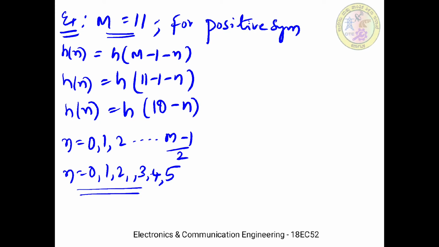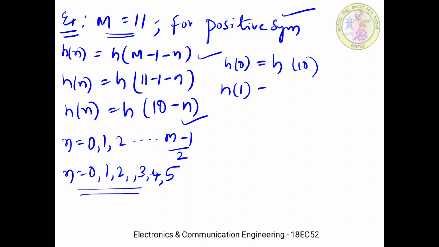Now when do we say that our impulse response h of n satisfies a positive symmetry? When h of n is equal to h of m minus 1 minus n. So what is h of 0? Substituting n equal to 0, h of 0 is equal to h of 10. Next, h of 1 is equal to h of 10 minus 1, that is 9.